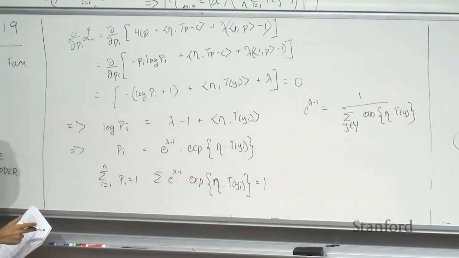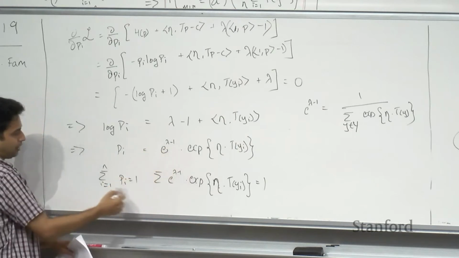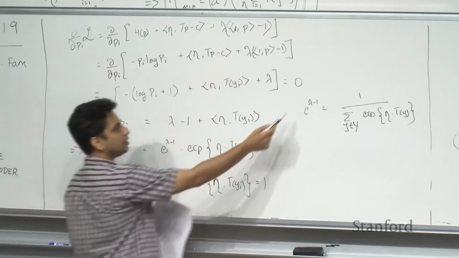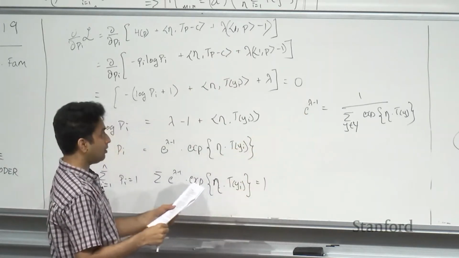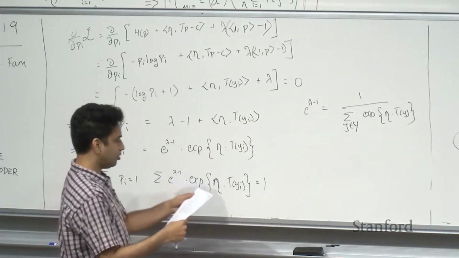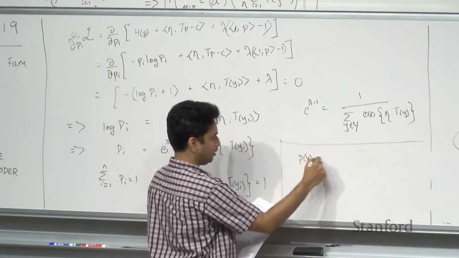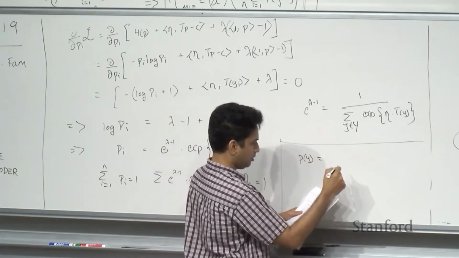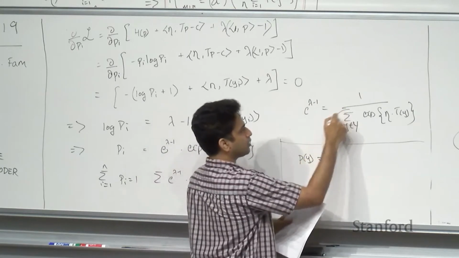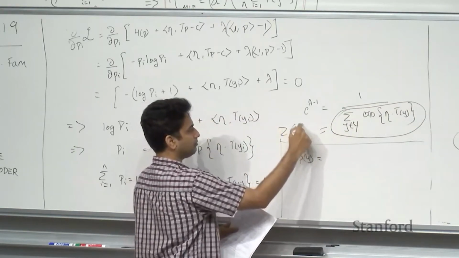Right? So we got p to be in this form, and we can eliminate lambda by making use of the fact that a probability distribution should sum up to 1, and that gives e to the lambda minus 1 to be that value, and so we get the final form of P of y. Let's call this denominator z of eta.